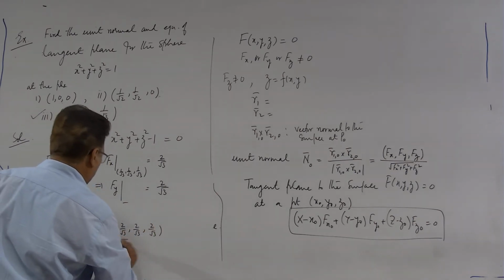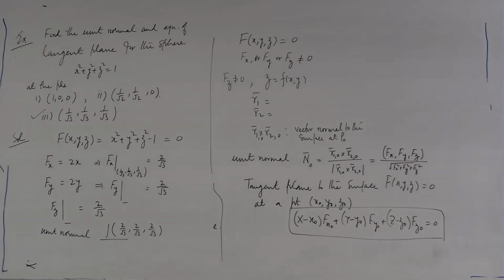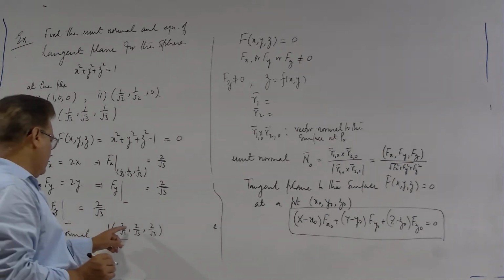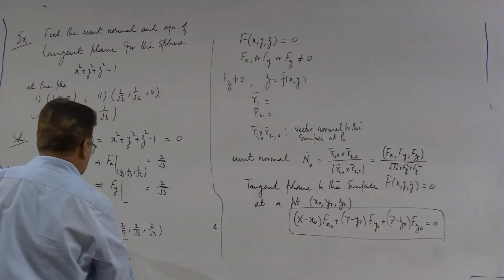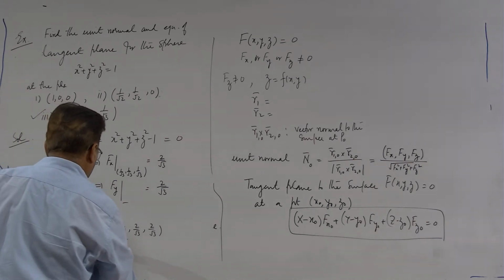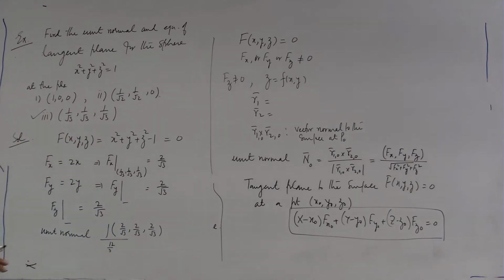and to 1 upon how much? 12 upon 3. No, this will be 4 upon 3 plus 4 upon 3 plus 4 upon 3.